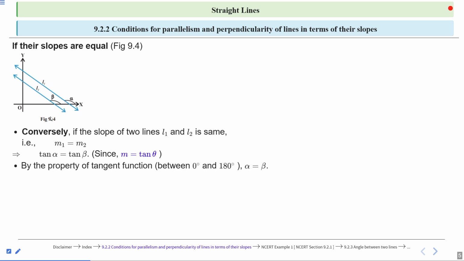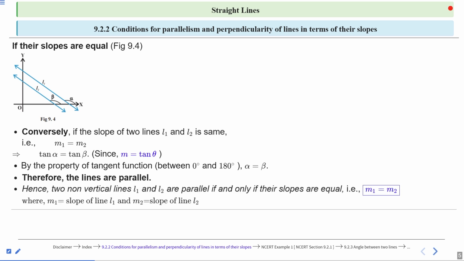By the property of the tangent function between 0 degree and 180 degree, tan alpha equals tan beta implies alpha equals beta. Therefore the lines are parallel.